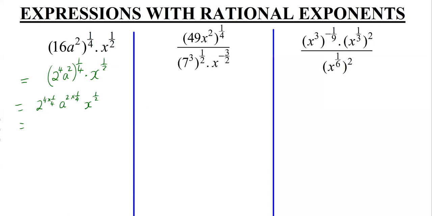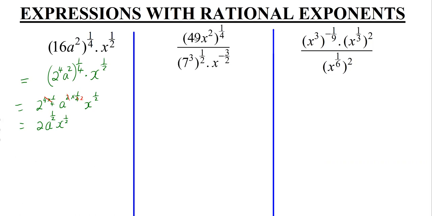Then here, this one will cancel. And here we'll be left with 1 over 2 there. Then your final answer now should be 2a to the power of 1 over 2, x to the power 1 over 2. Okay, let's move on to the next one here.